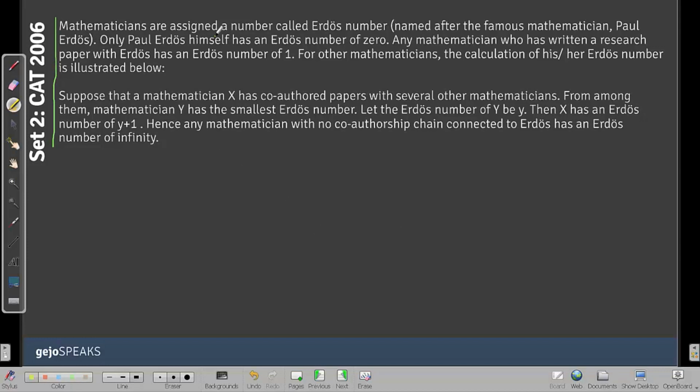It says mathematicians are assigned a number called Erdos number, named after the famous mathematician Paul Erdos. Only Paul Erdos himself has Erdos number 0. So we have this gentleman called Erdos, and his Erdos number is 0. And any mathematician who has written a research paper with Erdos has an Erdos number of 1.